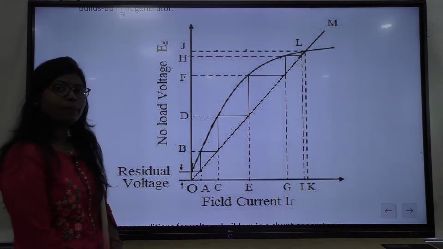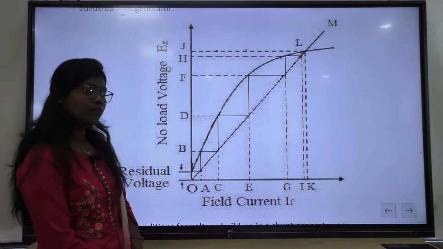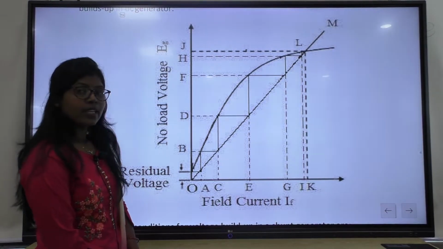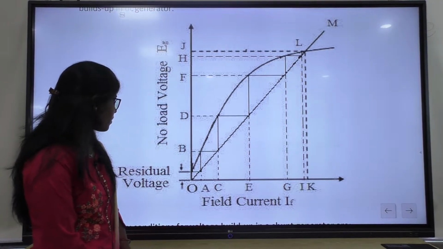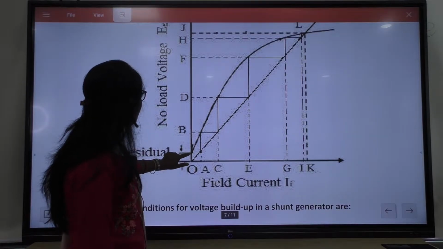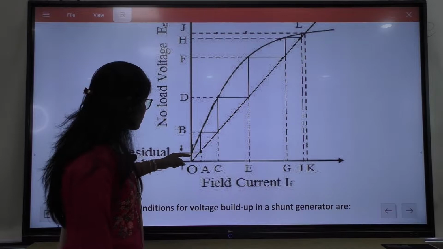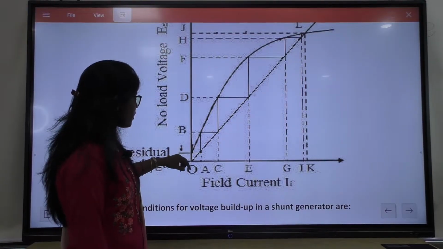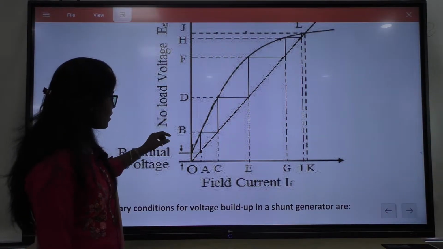But due to the residual magnetism of the pole, that is represented as phi RES, due to that residual magnetism, residual voltage will generate in the generator, which will be represented as OA. Okay. So due to the residual flux, the residual voltage will generate in the generator when the generator is started.